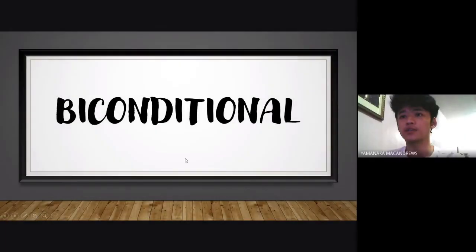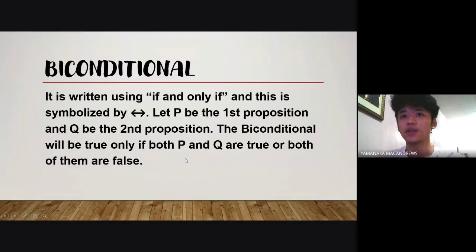Next is biconditional. The biconditional is written using if and only if, and this is symbolized by this symbol. Let P be the first proposition and Q the second proposition. The biconditional will be true only if both P and Q are true, or both of them are false.